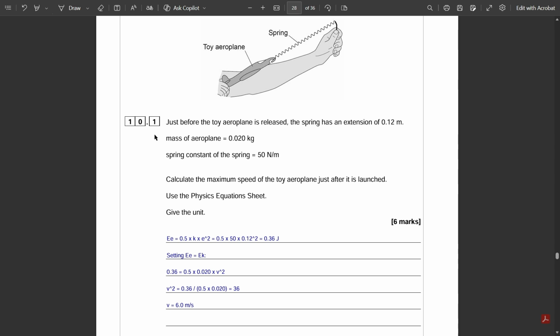Well, because energy is constant, we know that the energy gained via the spring is going to be equal to its kinetic energy.